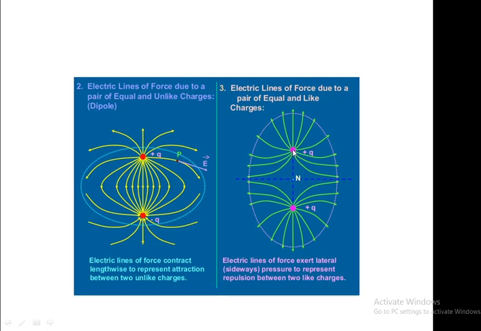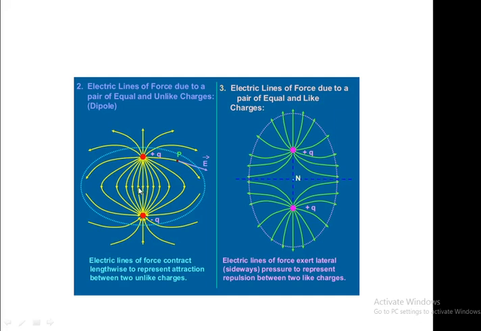Look at the other picture. This is also electric field line around two charges, but this time similar charges, plus q plus q. You see, electric field lines are curved again, directed away because for positive charge electric field line is away. When you compare these two, another important property you can see here is written on the bottom. Due to this force, which force, plus q minus q, attraction, electric field lines contract lengthwise.